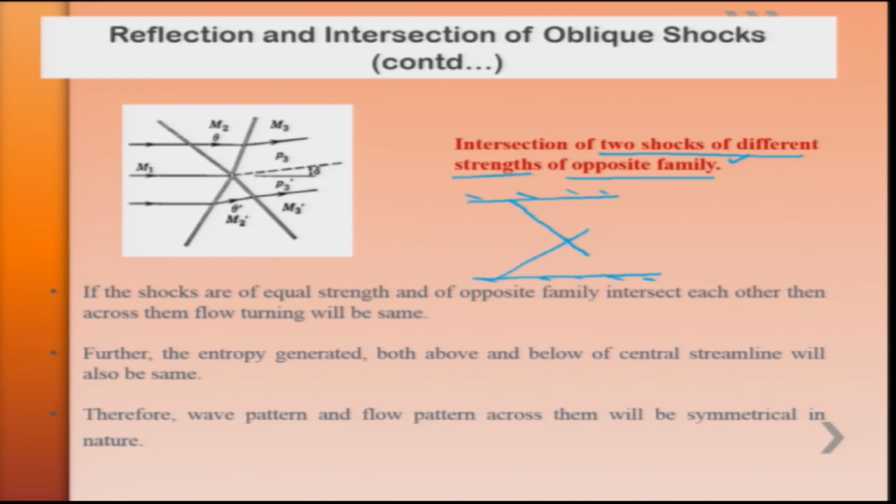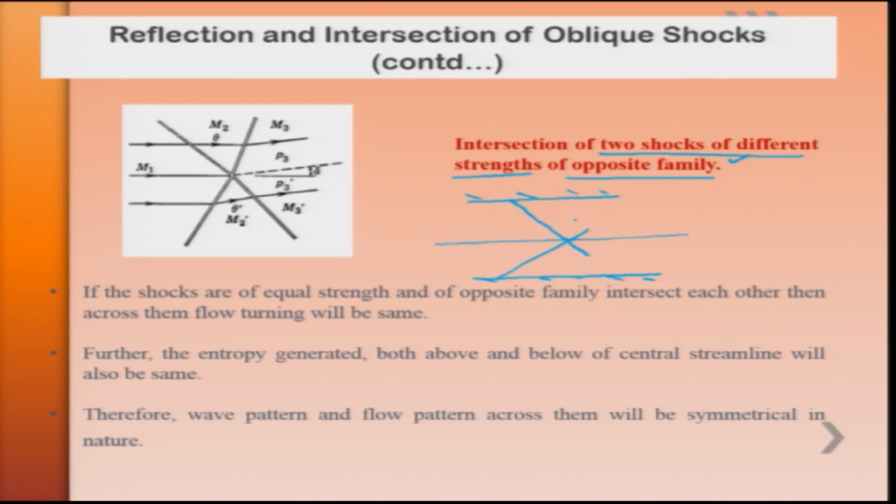if they have equal strength, then they intersect at the mid zone or midline, and the flow velocity coming out downstream of these respective shock waves will also be similar, as their strengths are the same, and in turn the vorticity generated in both the upper plane and the lower plane along this midline will also be the same.